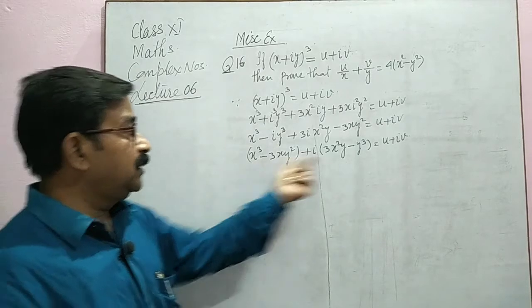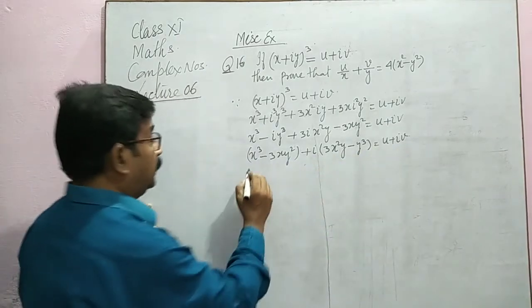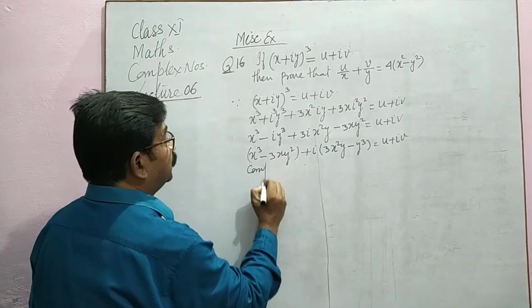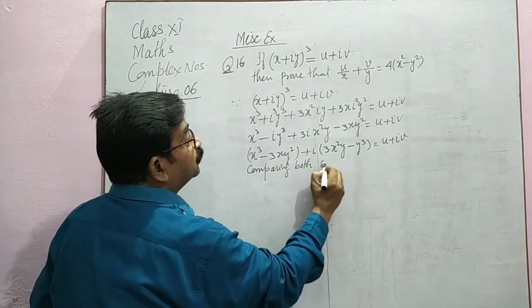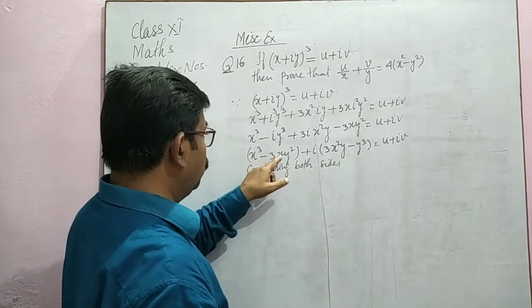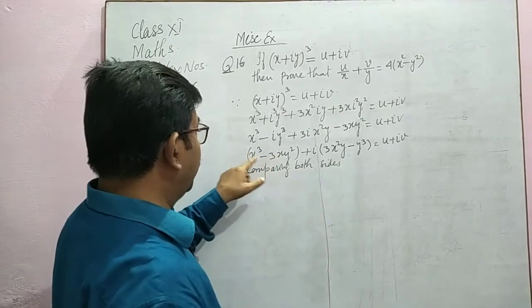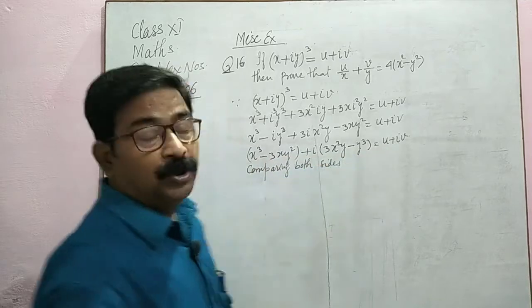This is the real part, this is the imaginary part, on this side real part and imaginary part. We compare both sides. So what do we have? x³ − 3xy² = u.